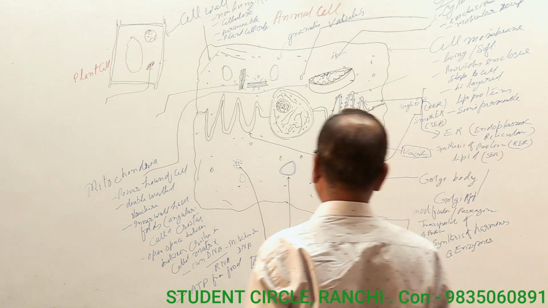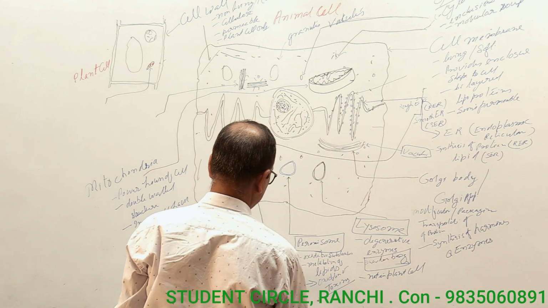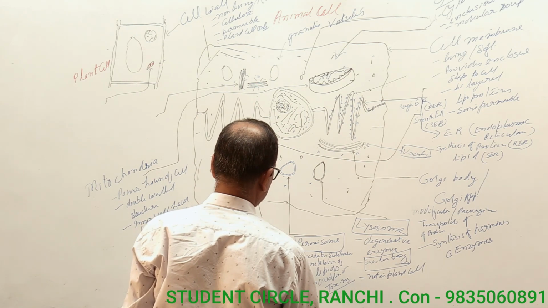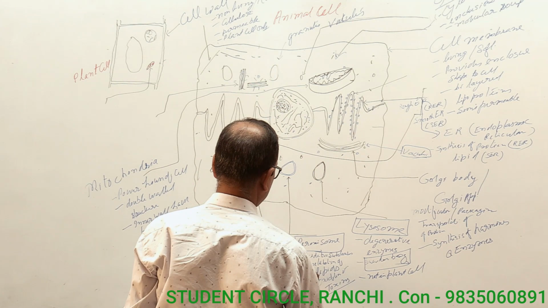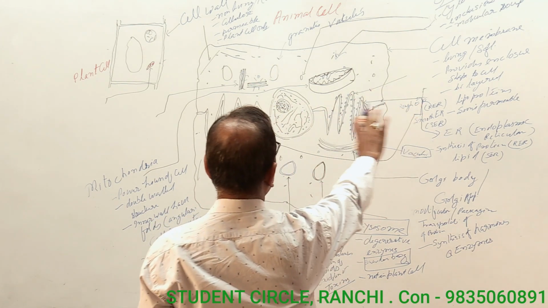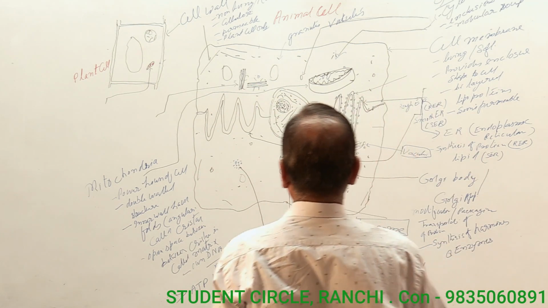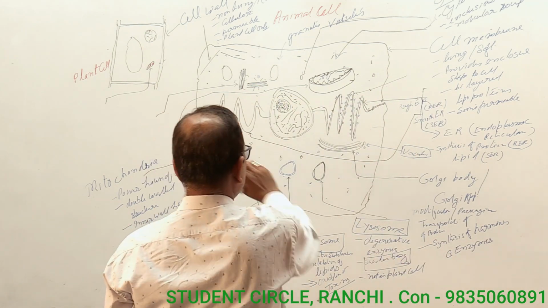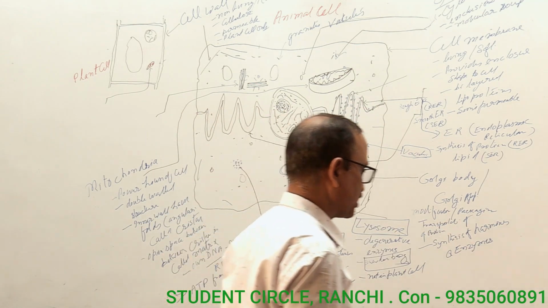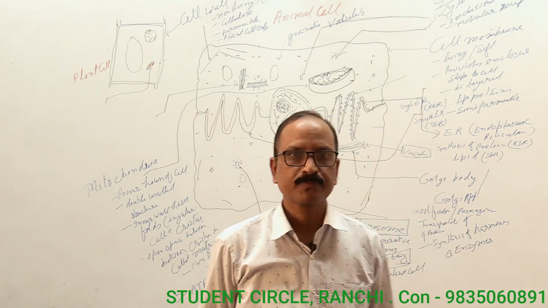So it is a small granular structure within the cytosol, spread over the cytosol, maybe as a bundle called ribosomal bundle, or maybe attached to the endoplasmic reticulum.